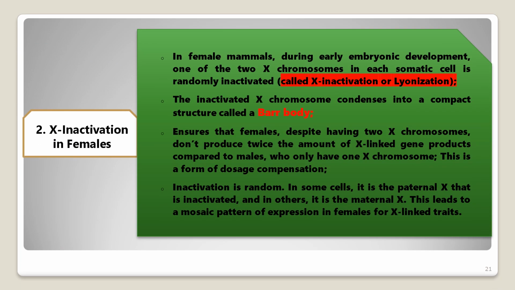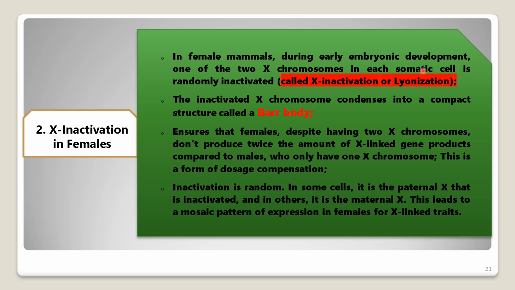X inactivation in females occurs during early embryonic development, whereby one of the two X chromosomes in each somatic cell, these are non-sex cells, is randomly inactivated.